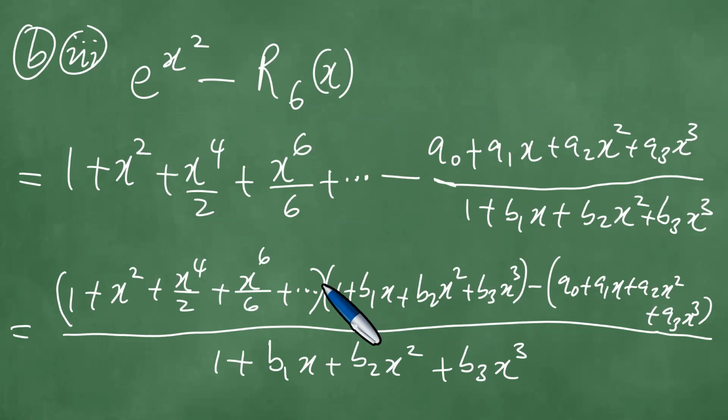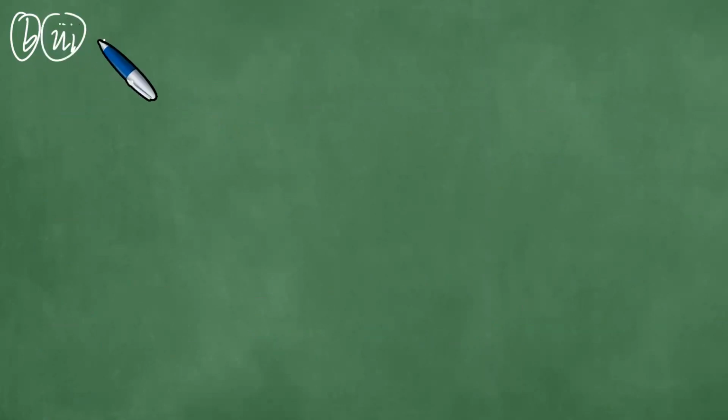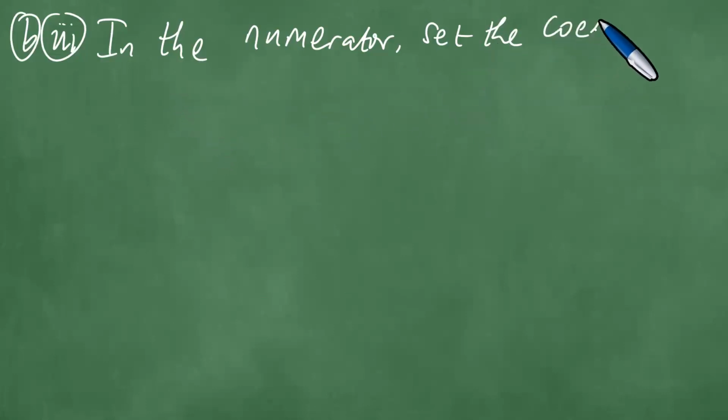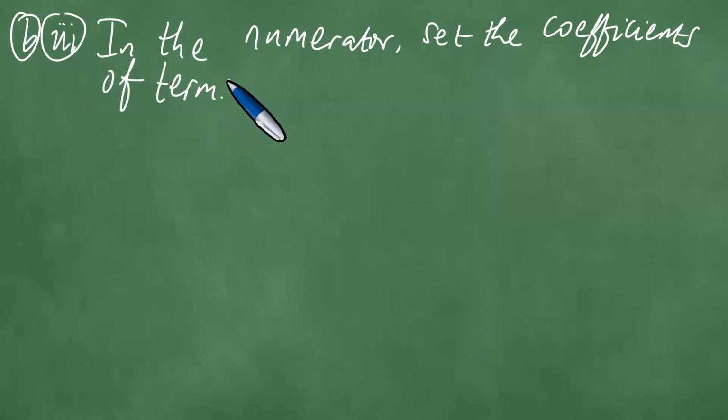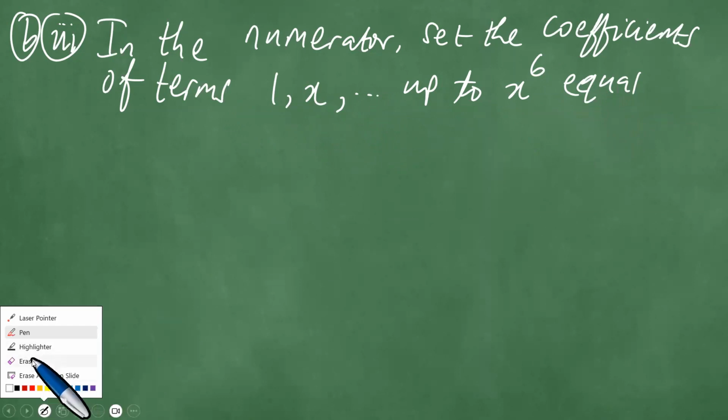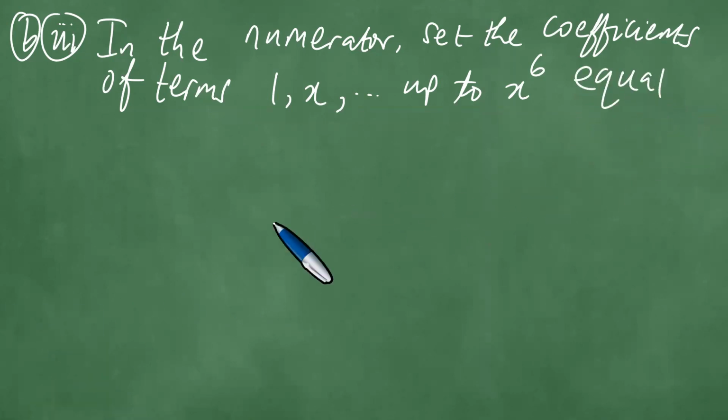But what do we achieve from this? In the numerator, set the coefficients of terms 1, x, up to x to the 6 equal to 0.